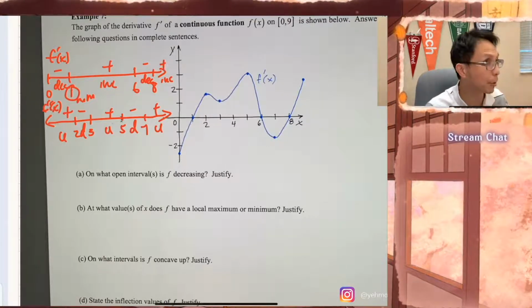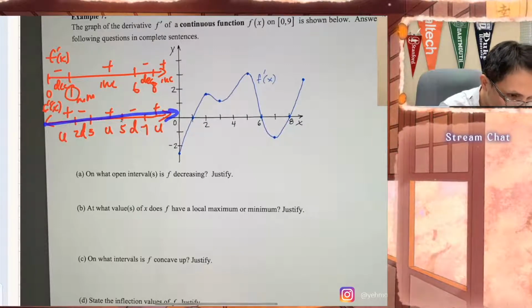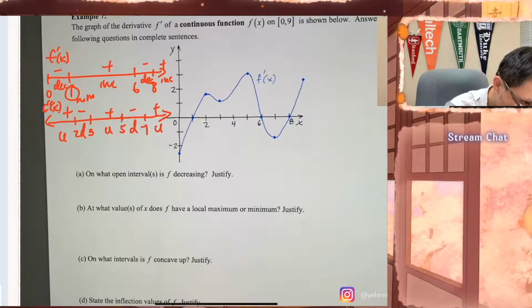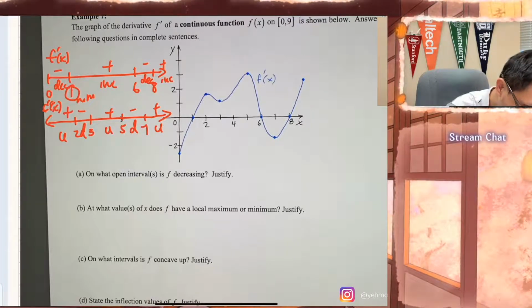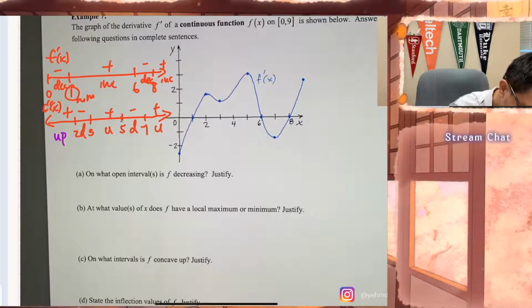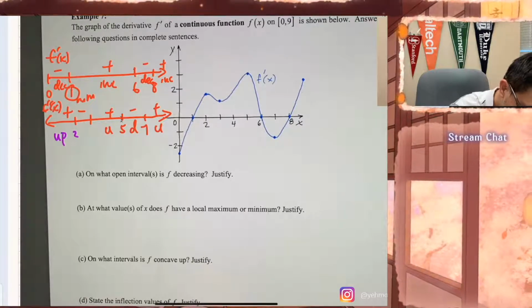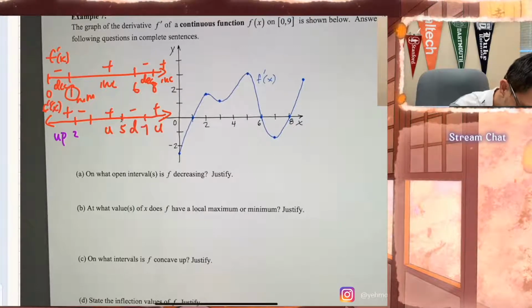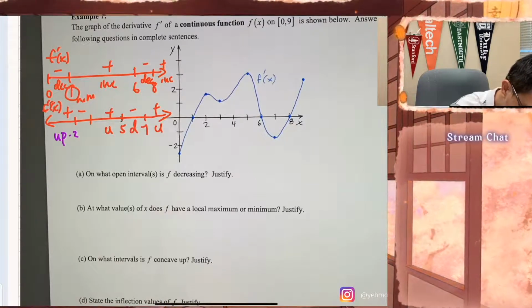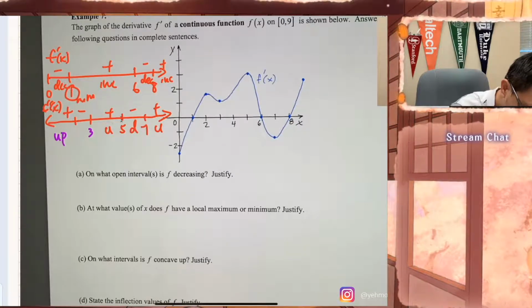So I did my first part of the number line test, and I'm going to do the second part here. I'm going to write down this is up, and this part is down, 2 and 3. Oh, sorry, 2 and 3.